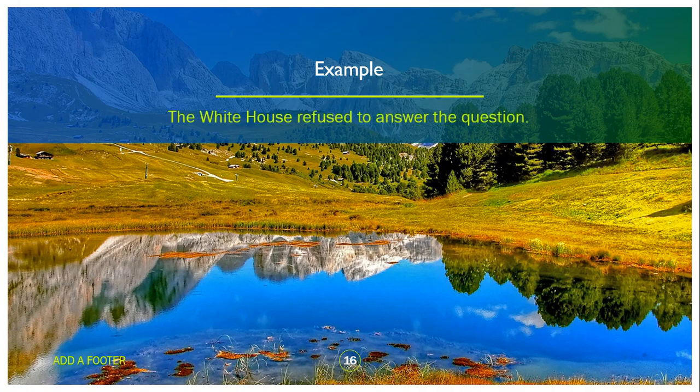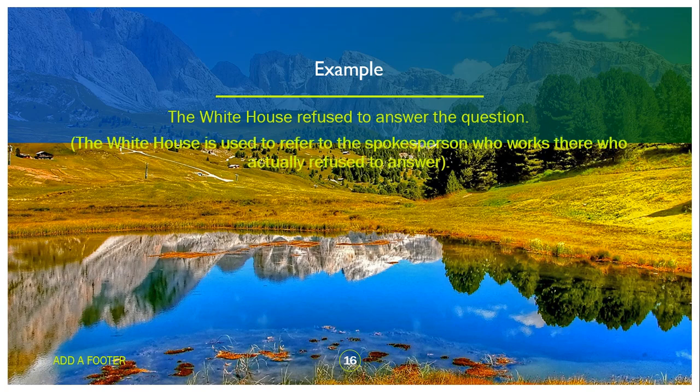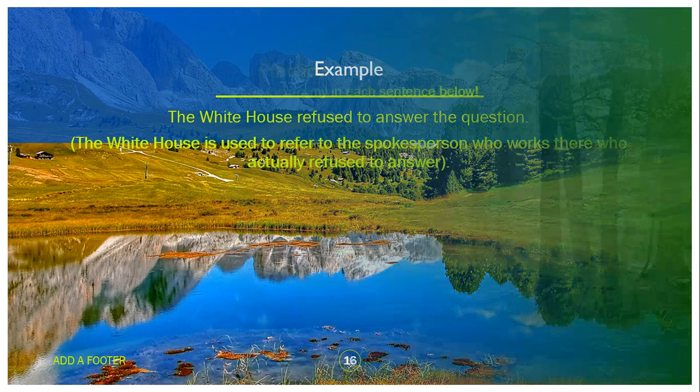Example, the White House refused to answer the question. The metonymy in this sentence is that the White House is used to refer to the spokesperson who works there who actually refused to answer.